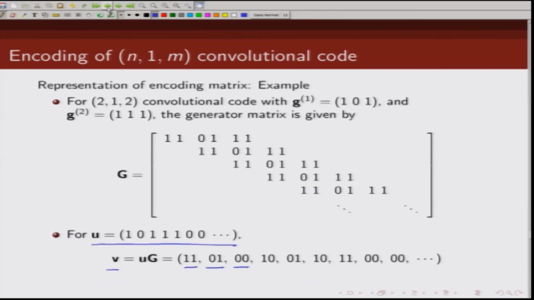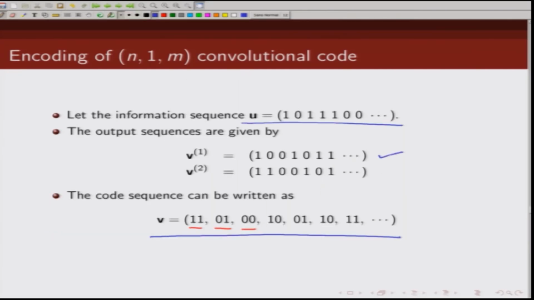Go back here. These are the two individual outputs. How are we getting the final output? Note here, I am taking the first bit from here, that is 1. The second bit I am taking from here, that is this. The third bit is this, and the fourth bit is this. So what am I doing? In this case, the rate was 1/2.